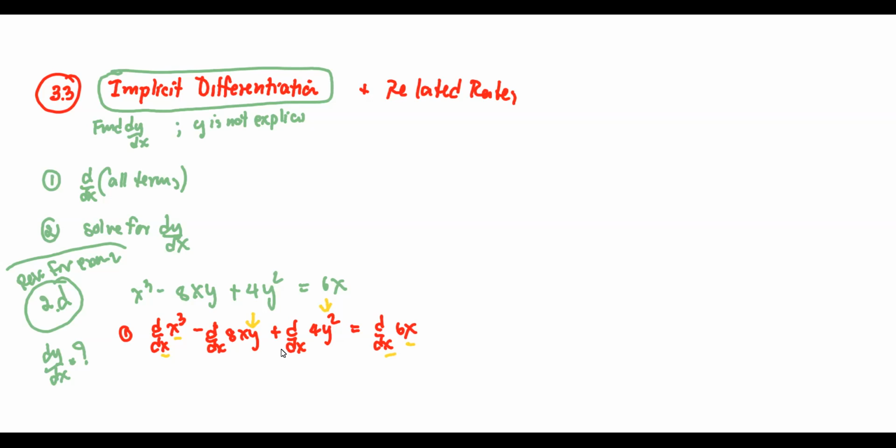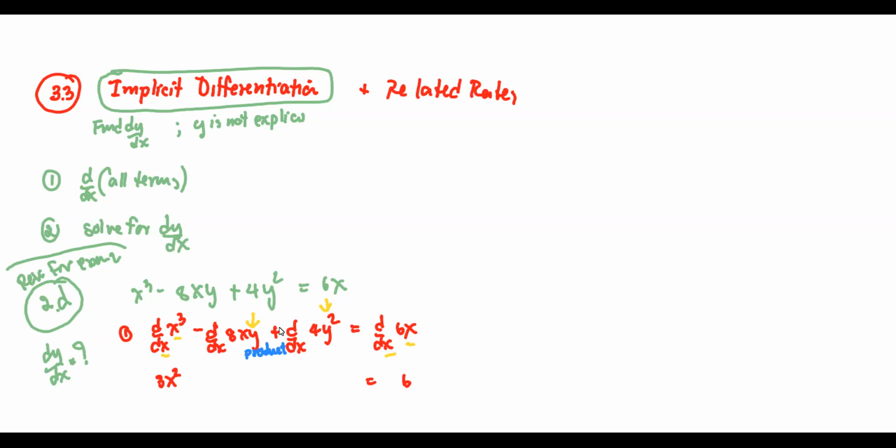So for the first one, the derivative of x to the third with respect to x, you have 3x squared. Derivative of 6x, you get 6. So the front and the back terms are good. But the second term here, you have x times y. You're going to use the product rule, because you see the product term.